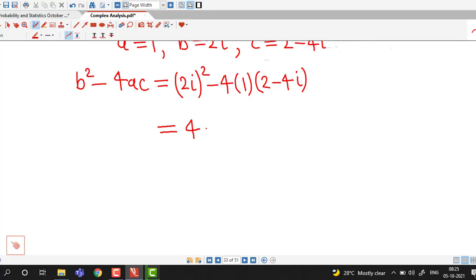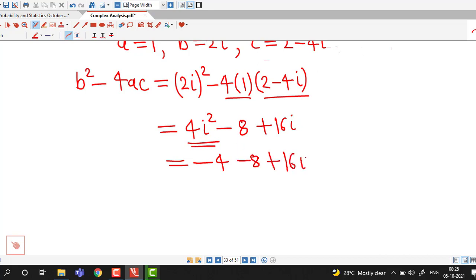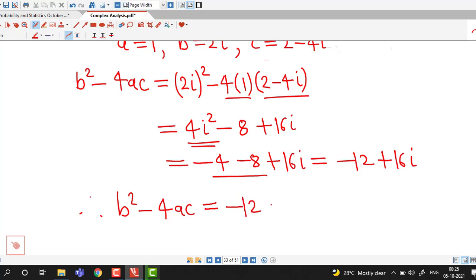Here we have square of 2i, which is 4i square, and we multiply this 4 with 2 minus 4i. 4 into 2 is 8, negative negative positive, 4 into 4 is 16i, and we know that i square is minus 1, so this becomes minus 4, and minus 8 plus 16i, so this is minus 12 plus 16i. So therefore b square minus 4ac is minus 12 plus 16i, and this we denote by w.